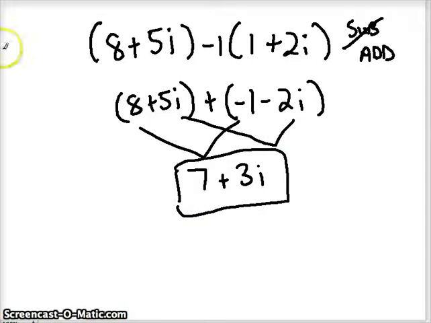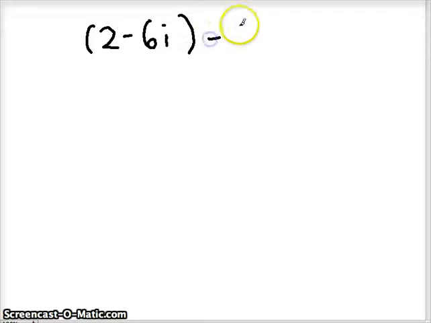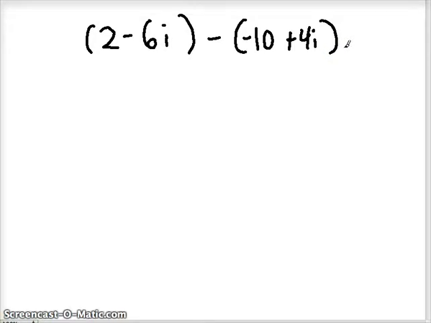Let's do another subtraction real quick. 2 minus 6i minus -10 plus 4i. So again, we're asked to subtract two complex numbers. I'm going to change that to addition and take the opposite of everything inside these parentheses.